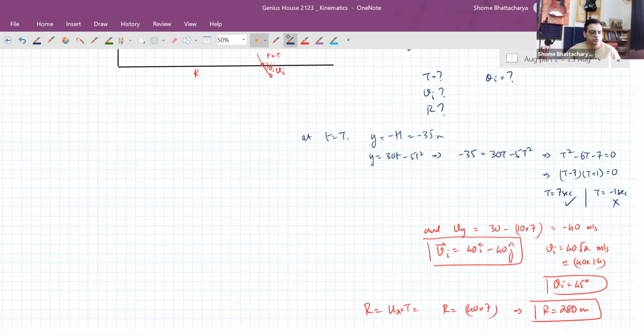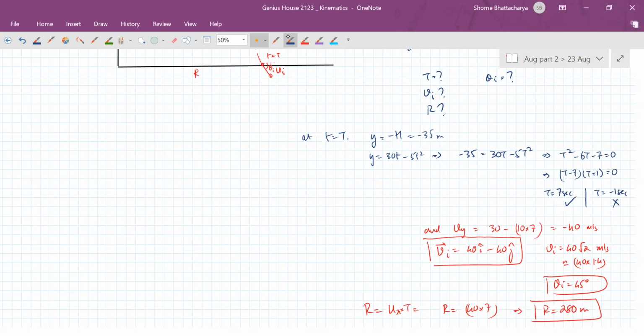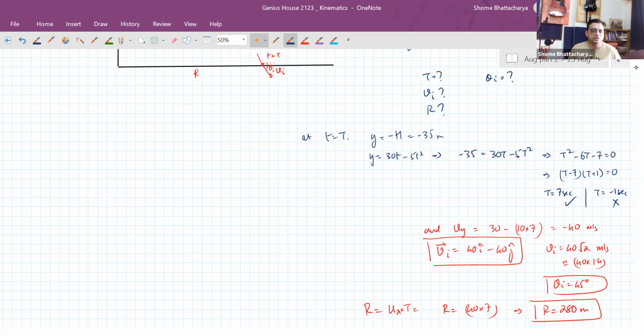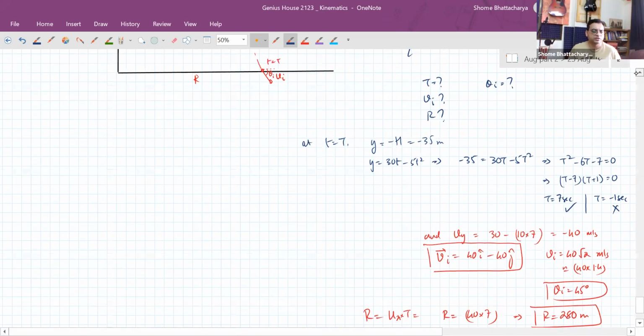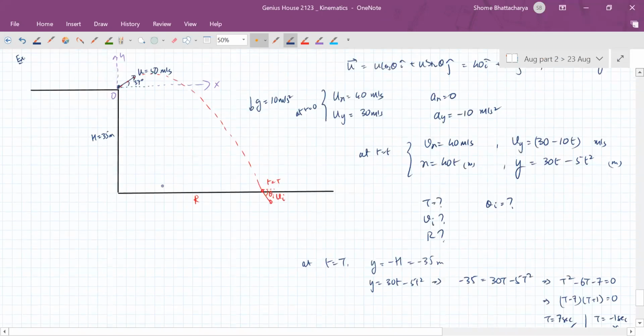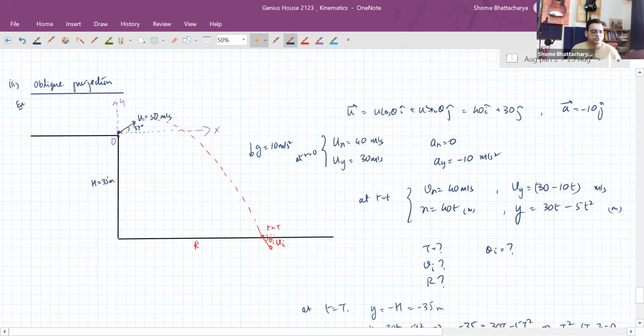Yes, Sanvi, you have some question? I got confused. Why did you take y as minus 35? Because t will be 0 at that point, right? No, beta. See, at t equal to 0, what is the y coordinate? It is equal to 0, because I've taken the origin at the point of projection, and I've taken the y-axis upwards.